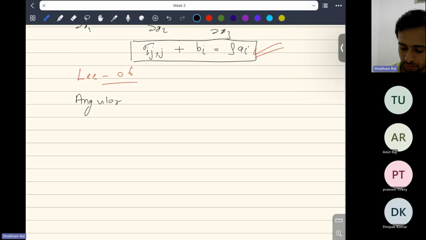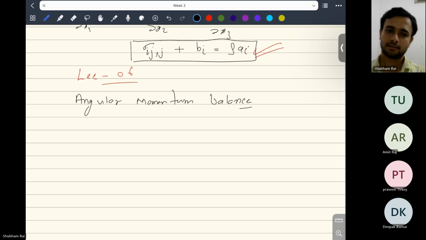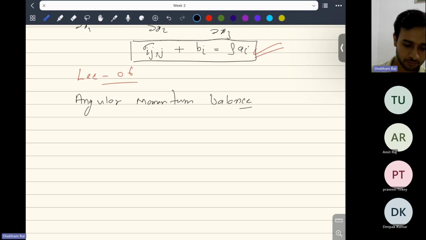you would have learned about angular momentum balance. So what is angular momentum balance? It says that net external torque acting on a body will be equal to rate of change of angular momentum of the body, right?